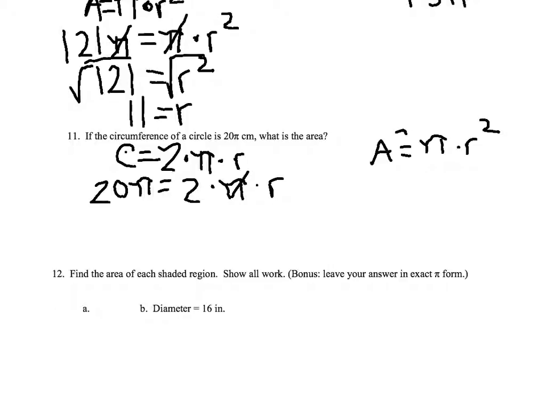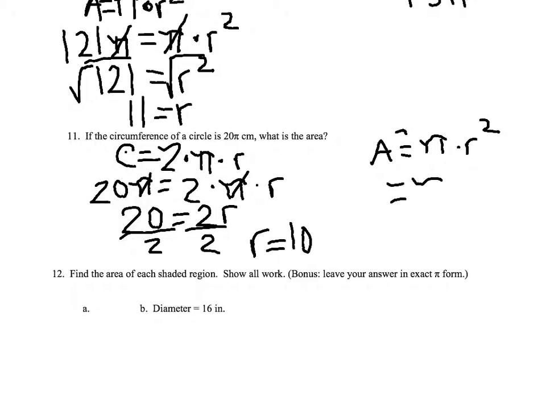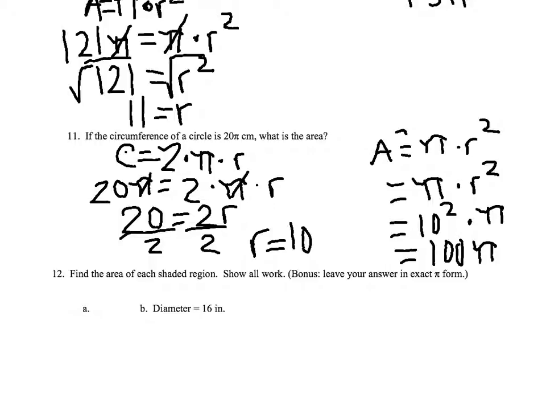We can solve this and we can get what our radius is. We're going to divide by 2, and r is 10. And then we can substitute over here, pi times r squared, and we get 10 squared times pi. And we get 100 pi, or you can multiply through.